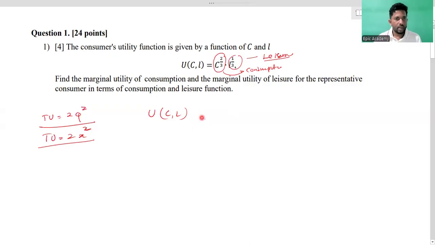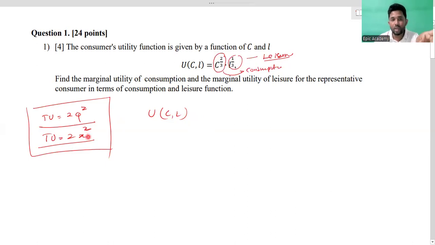Then they're asking to find the marginal utility. So we got the idea how we can calculate the marginal utility. How? Utilizing the derivatives. But in here, you have to identify that I use the derivative for only one commodity.